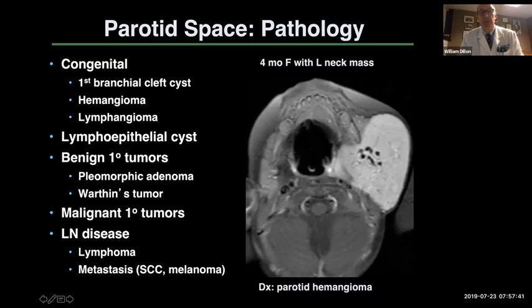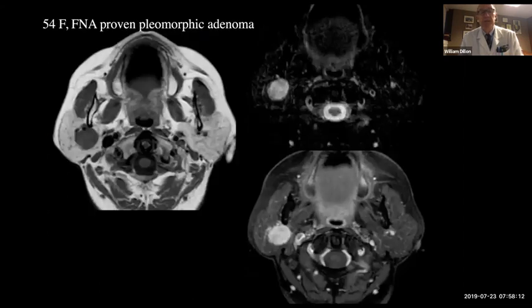The tumors that arise from the parotid gland are most often benign, pleomorphic adenoma being the most common, a Warthin's tumor, often bilateral, and of course we can see malignant tumors such as adenoid cystic carcinoma, adenocarcinoma, mucoepidermoid carcinoma, and lymphoma and metastasis from the skin surface going to these nodes into the parotid gland. So a number of different pathologies. This happens to be a hemangioma, a little 4-month-old with a left neck mass.